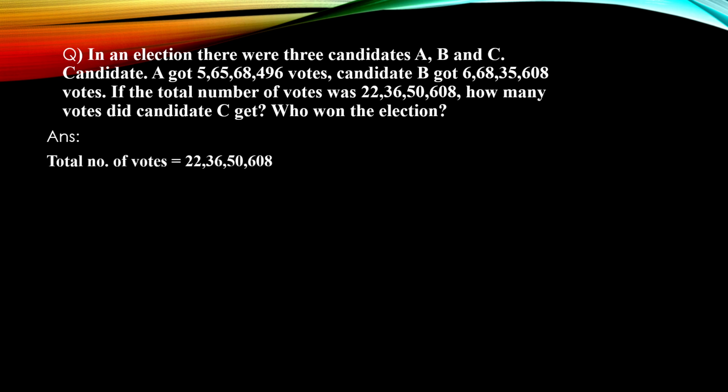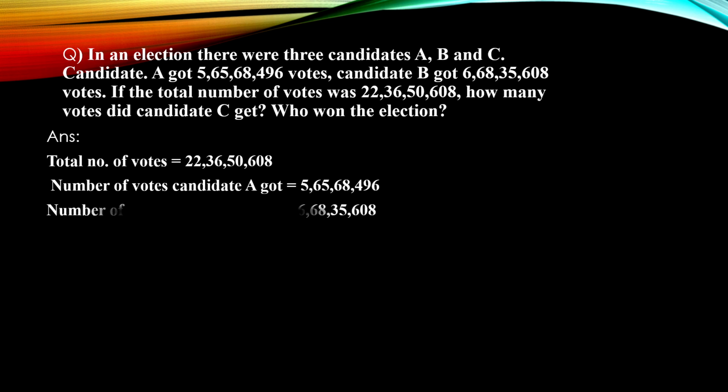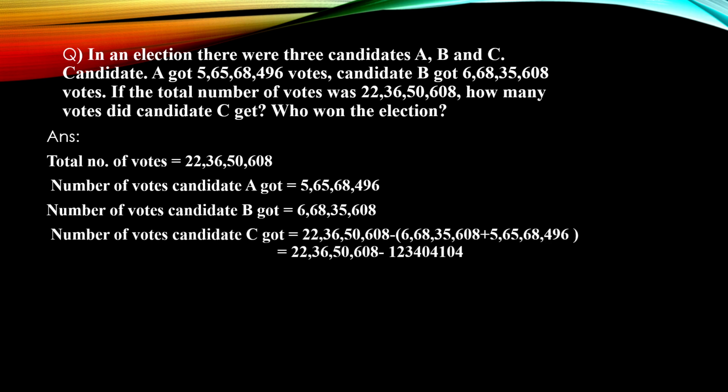First we have to write the total number of votes, the number of votes candidate A got, the number of votes candidate B got, and the number of votes candidate C got. See here what we are doing. We are adding the votes got by A and B, and we are subtracting that from the total number of votes.